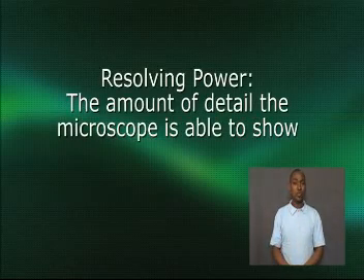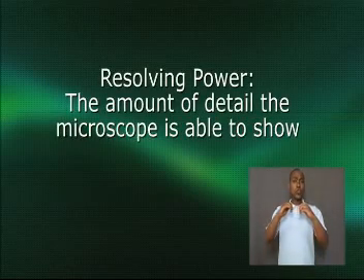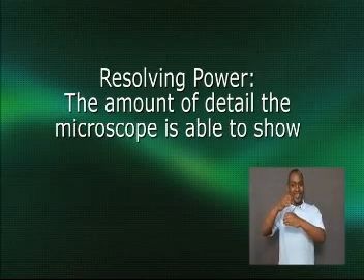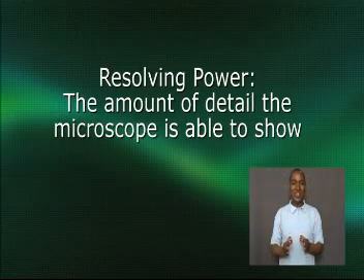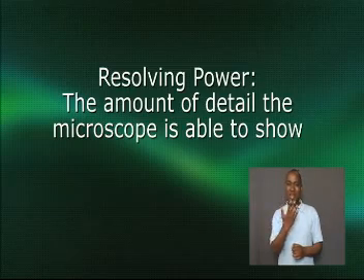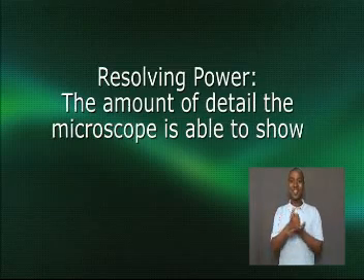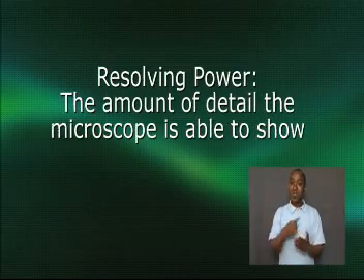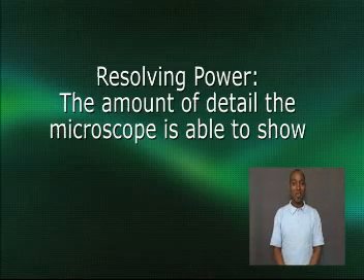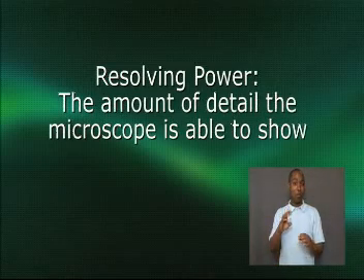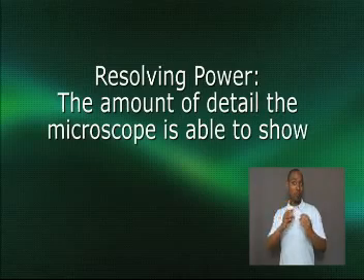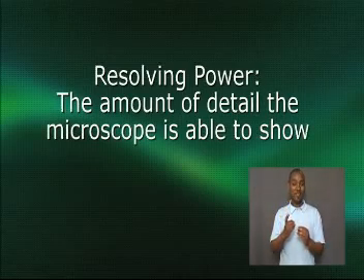The resolving power of a microscope determines how much detail the observer can see. This means that the greater the resolving power of the microscope, the more detail that can be seen.